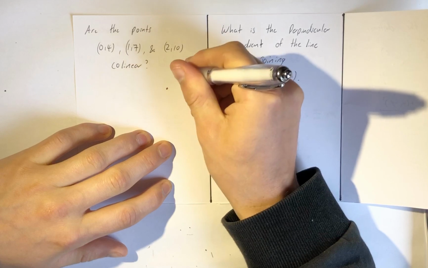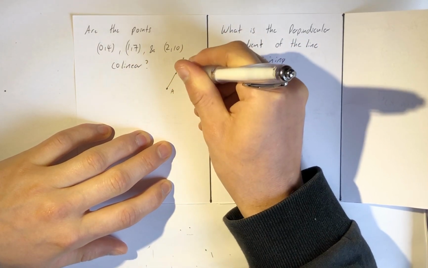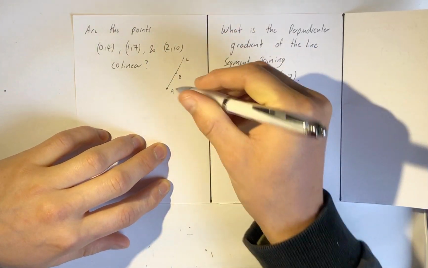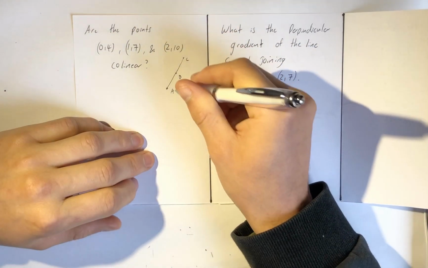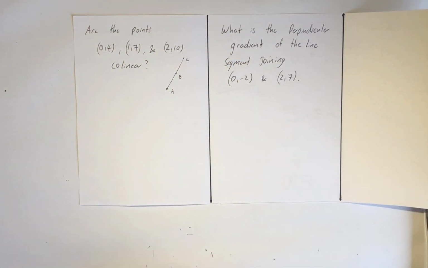If these are all in one line, A, B, and C, they're collinear if the gradient of A to B and A to C is the same.